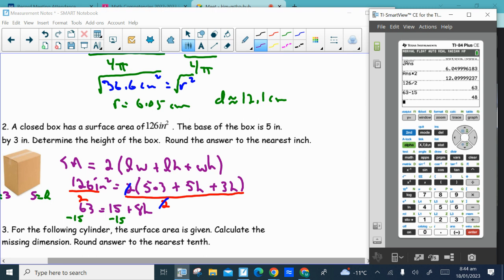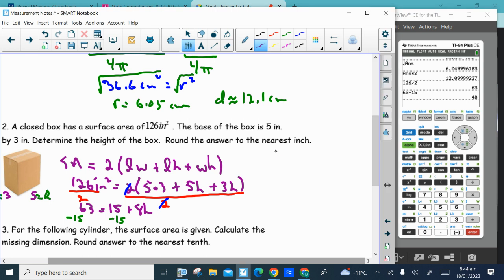So subtracting this 15 from both sides, we're left with 48 on the left, equaling 8h on the right. And now we would get h by itself by dividing both sides by the 8. And 48 divided by 8 is 6. So 6 inches will be the height of the box.